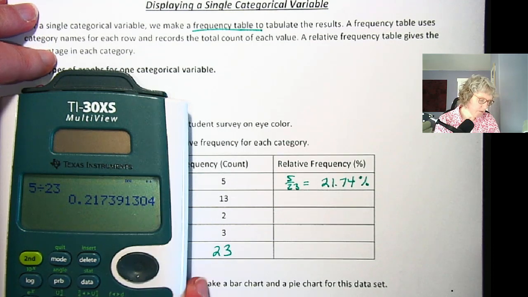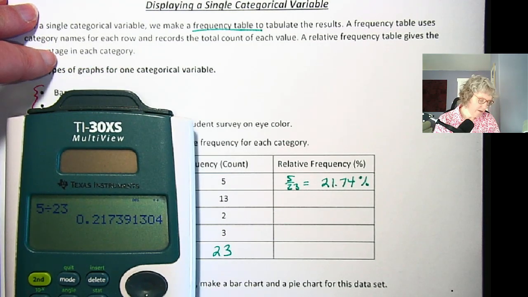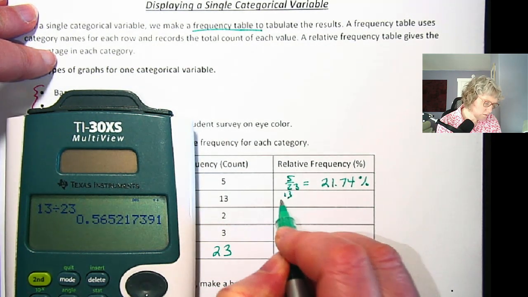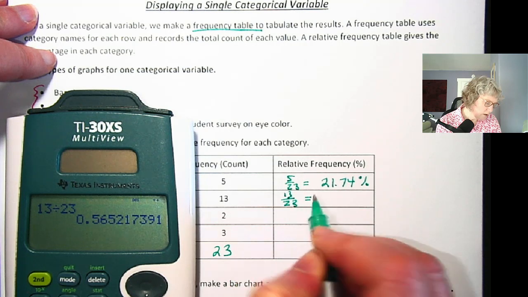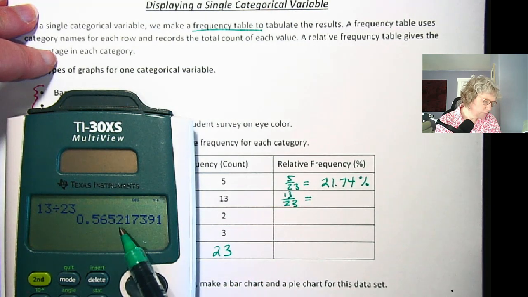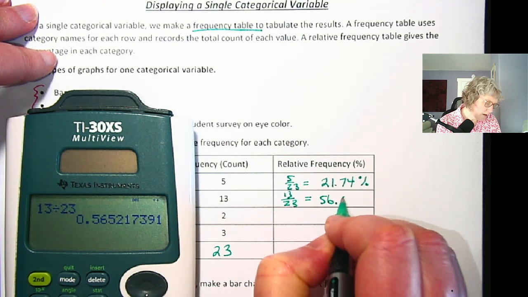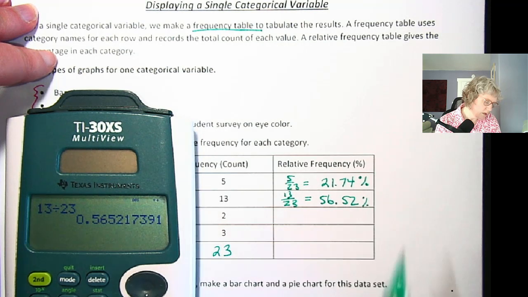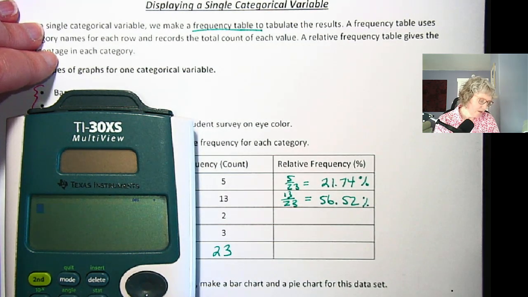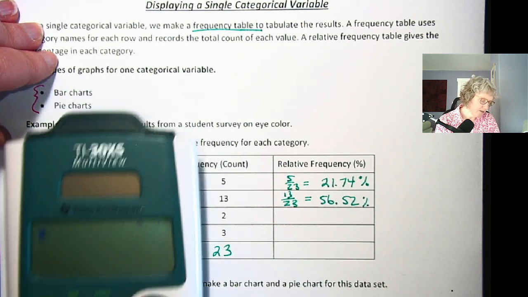Okay, let's do the same thing for brown eyes, which is 13 out of 23. 56.52%, and that's a 1, so I'm going to keep it. 56.52%. Next color, I believe, is green. Yes.